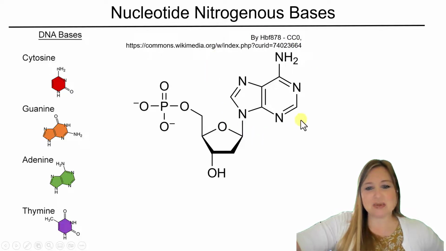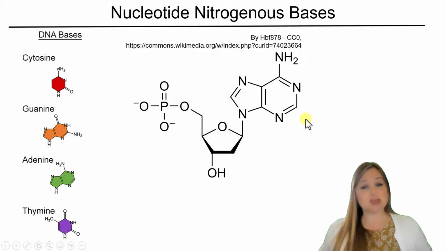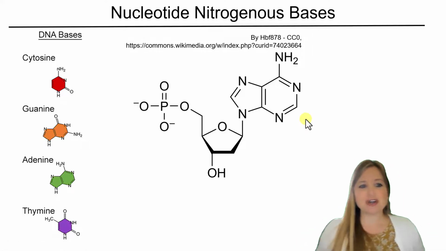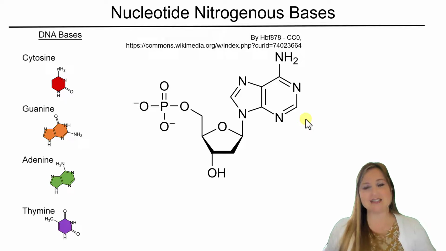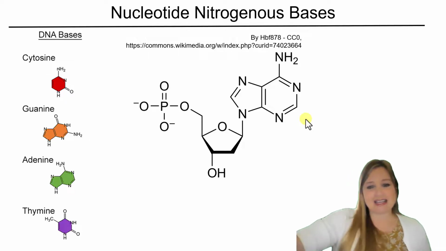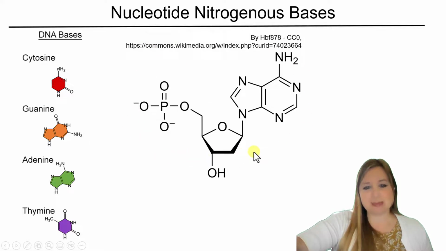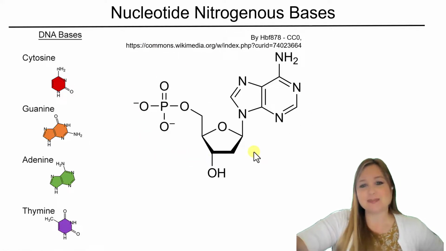Looking at this base, right away, you see it has two rings, so you know it's a purine rather than a pyrimidine. And we know our purines are guanine and adenine. So can you identify in this structural drawing of a nucleotide which of the bases is found in this one?